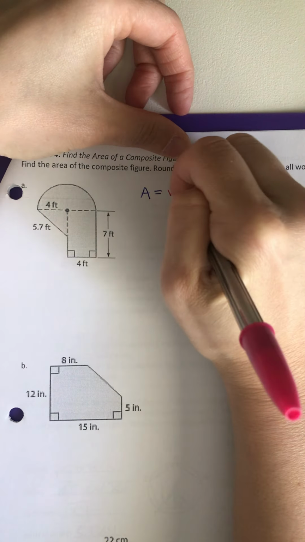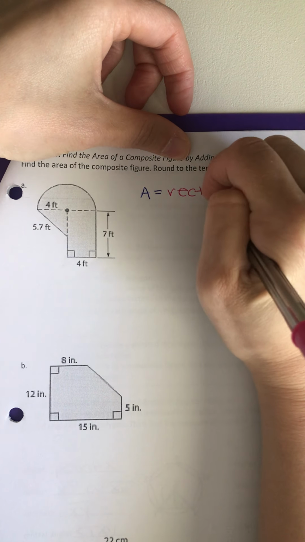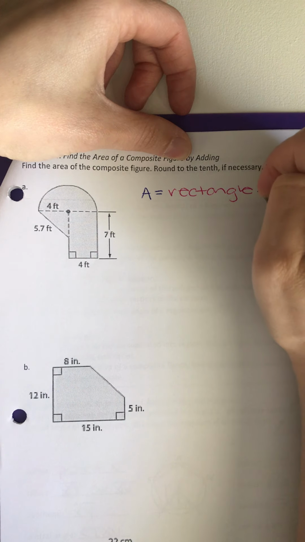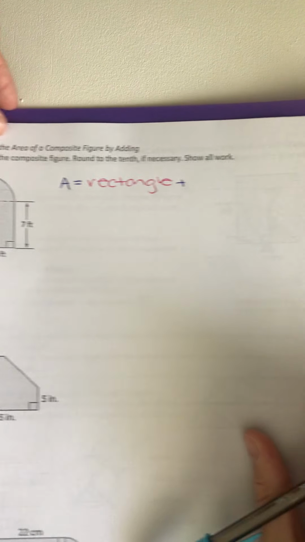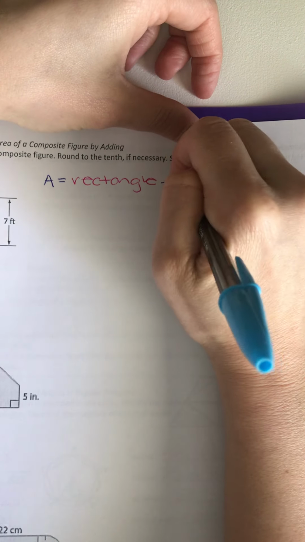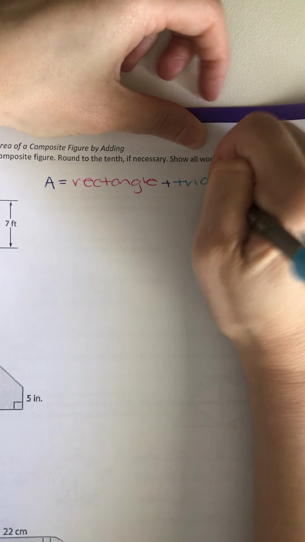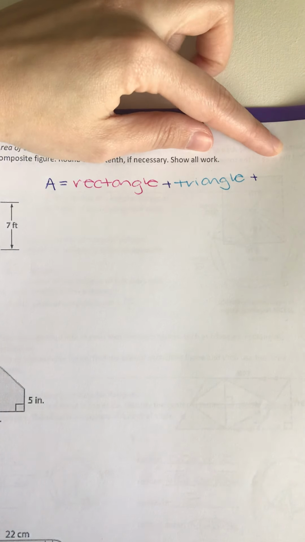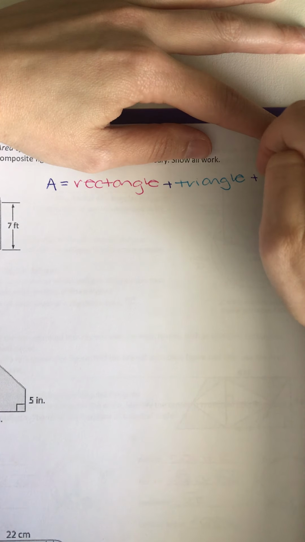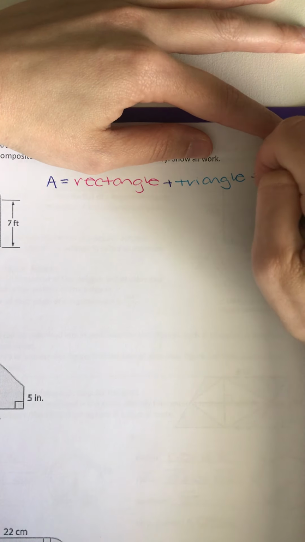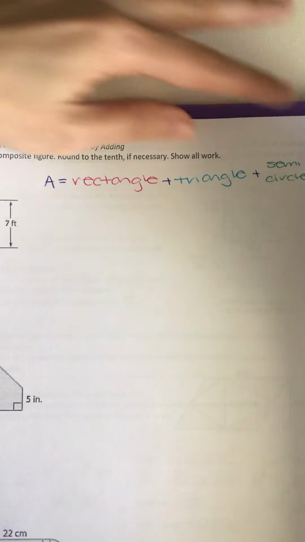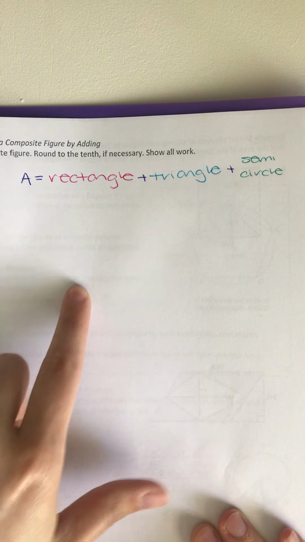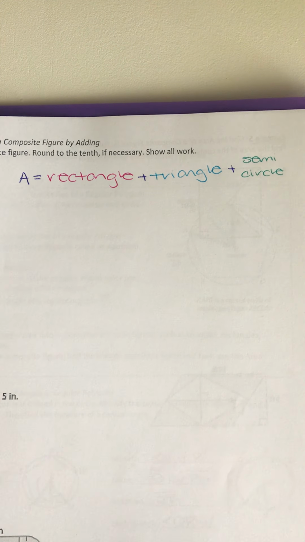So I have a rectangle, I have a triangle, and I have a semicircle. Okay, so I'm going to do it all separate. I'm going to find the rectangle, find the triangle, find the semicircle.